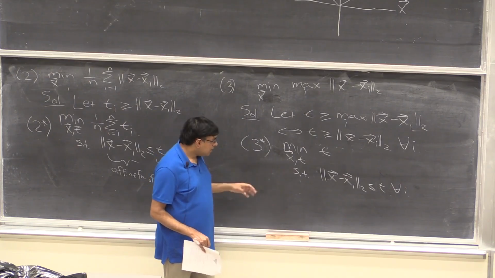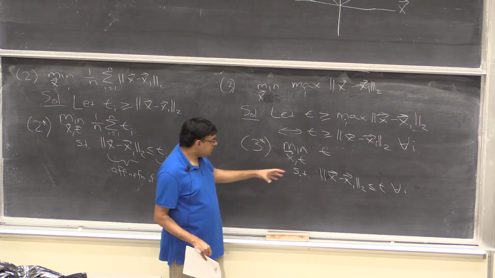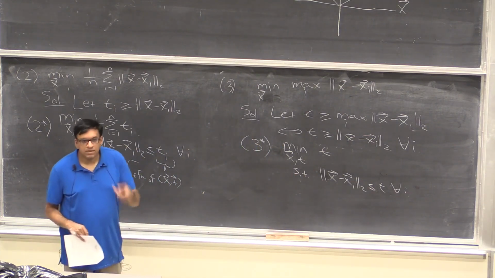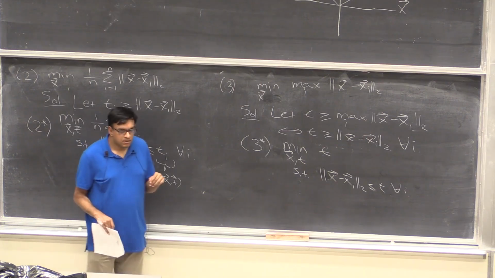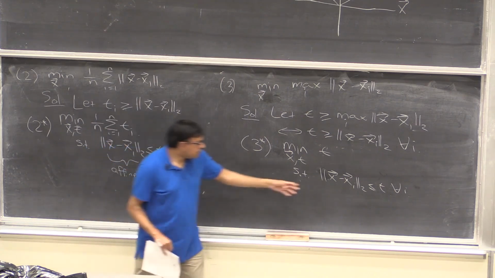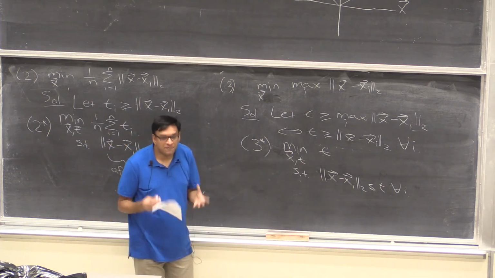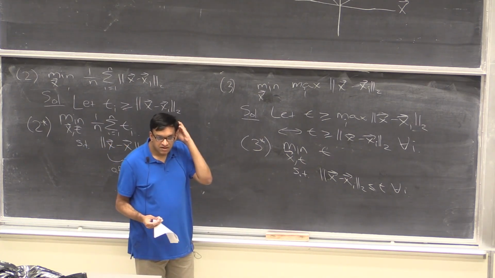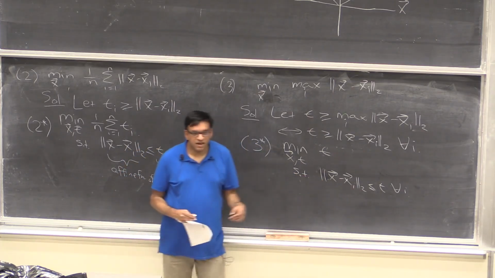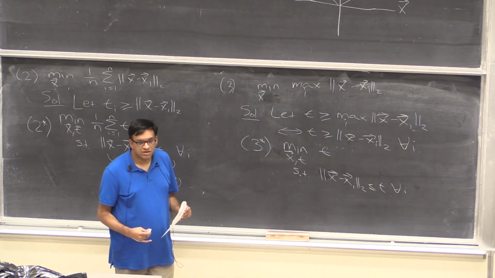And then it just manifests as the constraints down here. The left-hand side is the 2 norm of an affine function of x and t. The thing inside, x minus xi, is an affine function of x and t.